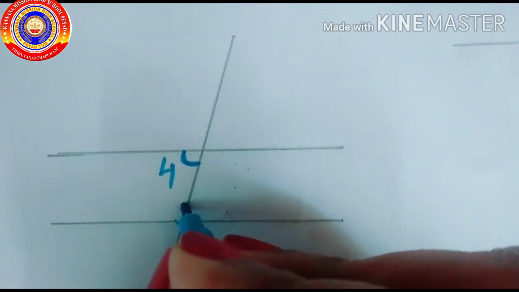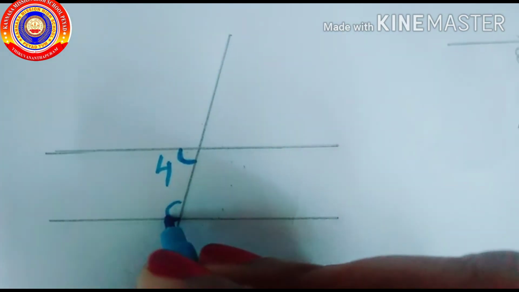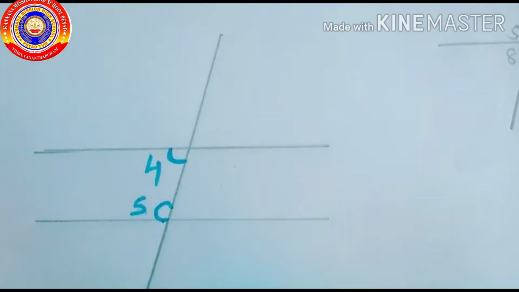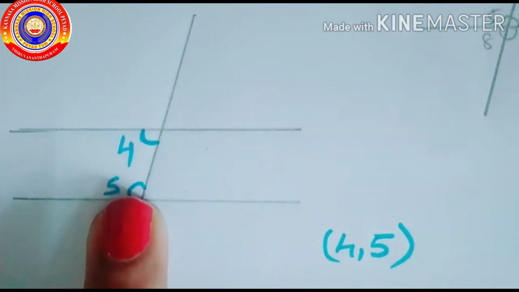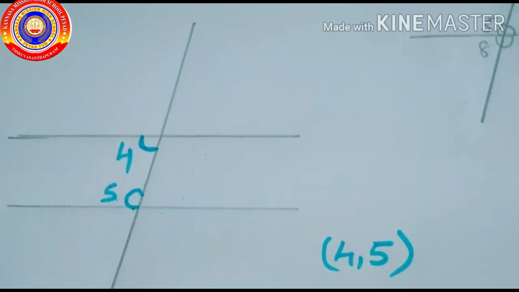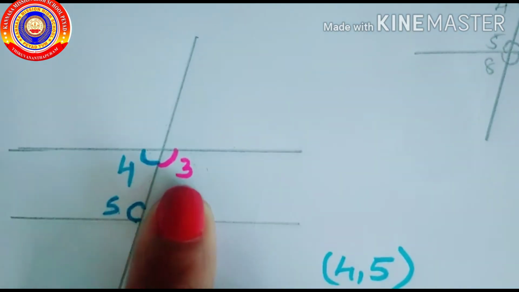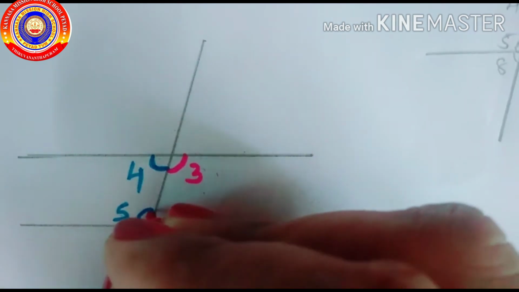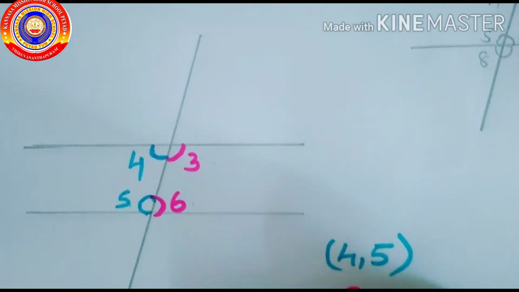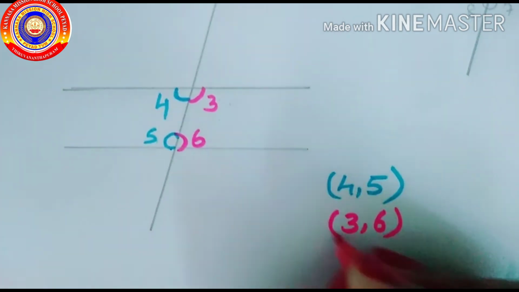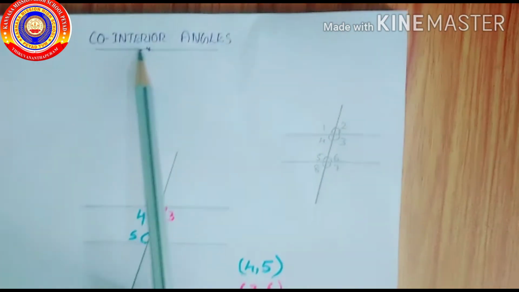Both are on the same side. The angles on the same side form co-interior angles. Another pair of angles are number 3 and 6. Both are on the same side. So there are two pairs of co-interior angles.